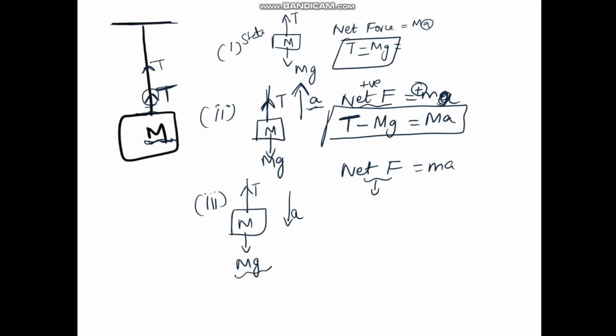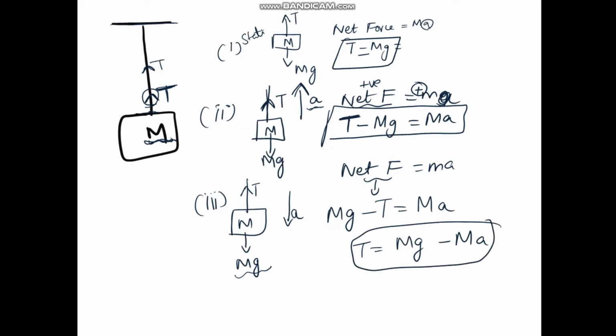Since the system is moving downwards, the downward force must be greater, so mg minus T is equal to ma. T is equal to mg minus ma. This is the equation when the system is moving downwards.